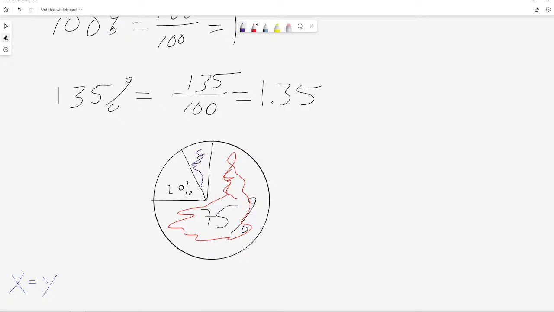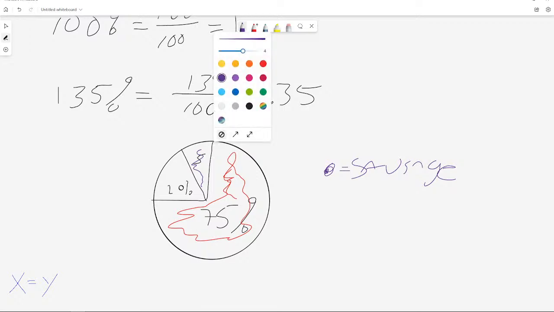And then over here it would have a key, and it would be like, okay, purple equals sausage. And then whatever color this was equals cheese. Red equals pep.